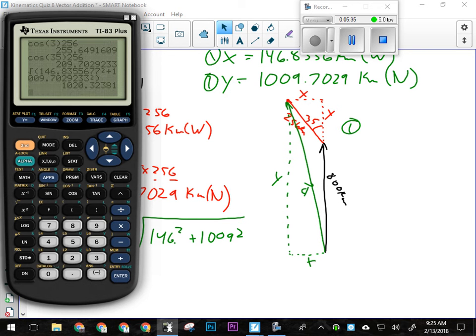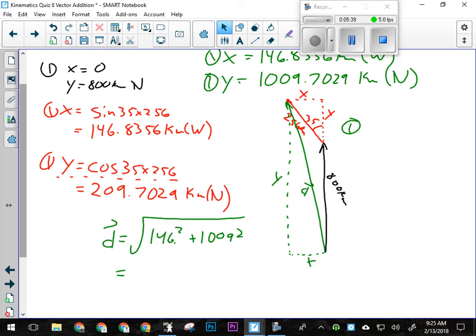So we're finding here that the total displacement is 1,020 meters. Give them a mark for that step. They show the Pythagorean Theorem, I'm good with that.